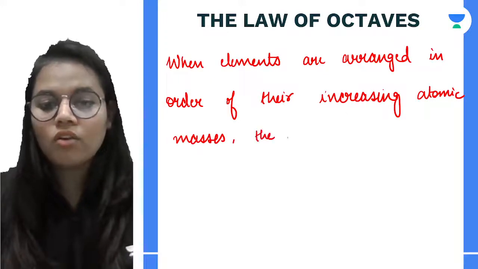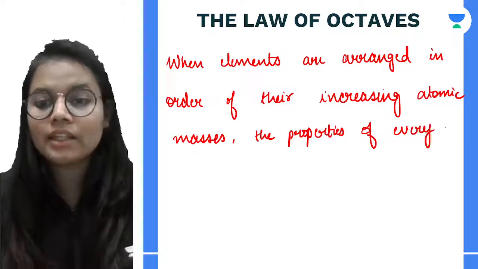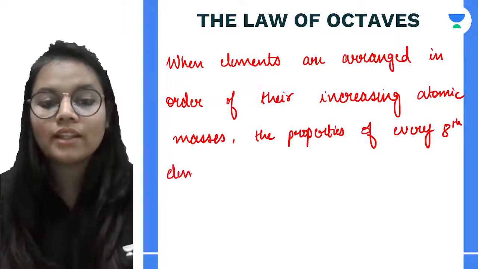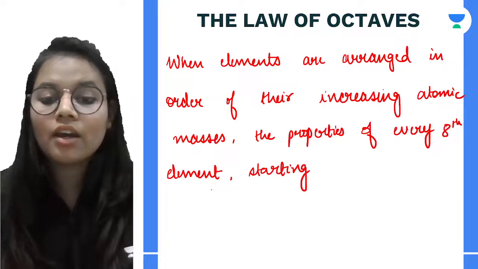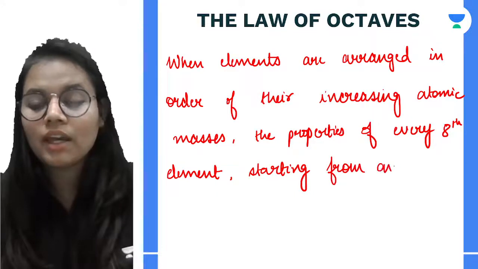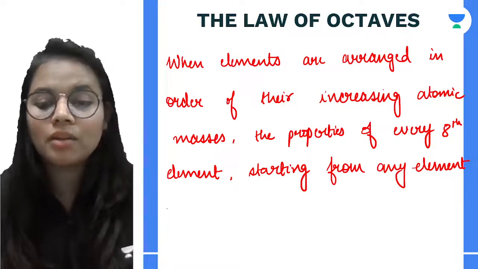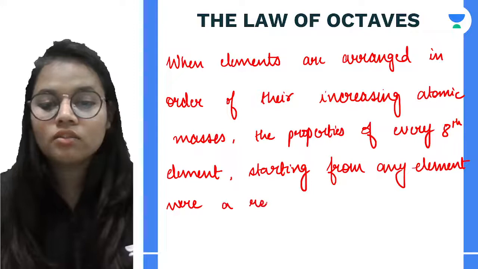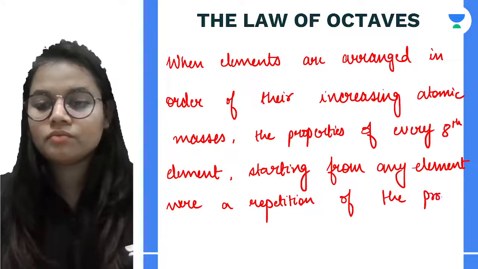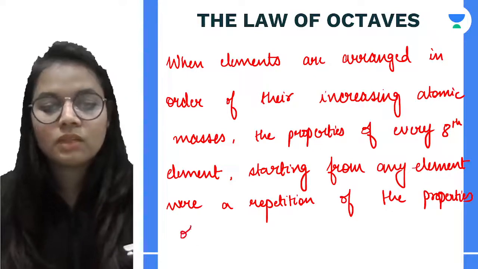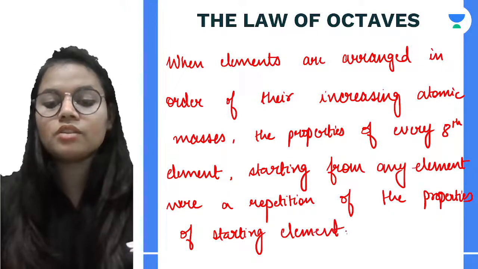The properties of every eighth element, starting from any element. Now he saw a kind of repetition. So starting from any element there was a repetition of the properties of the starting element. This was the law that was given by Newland.